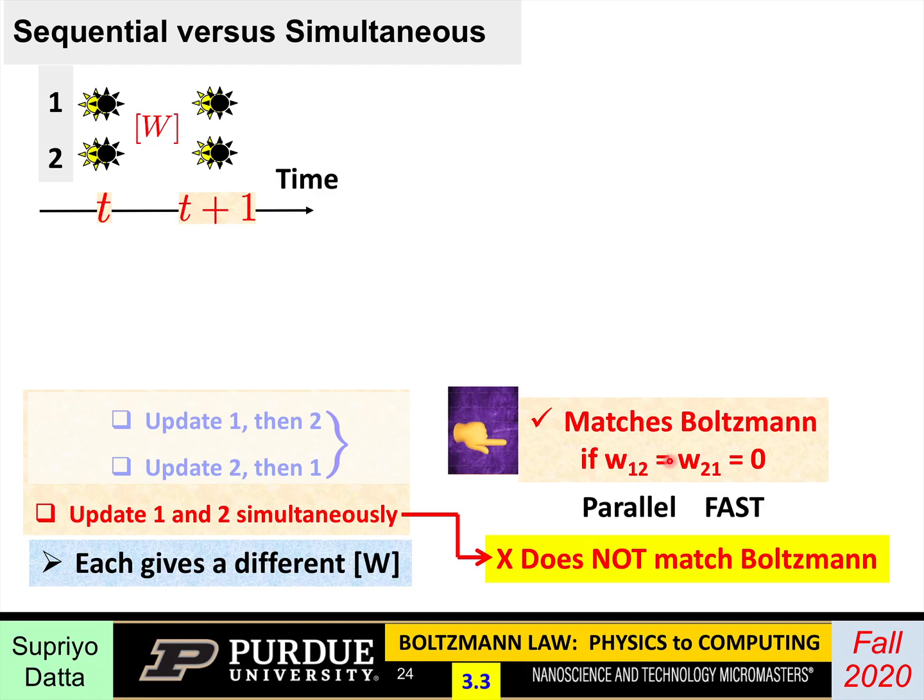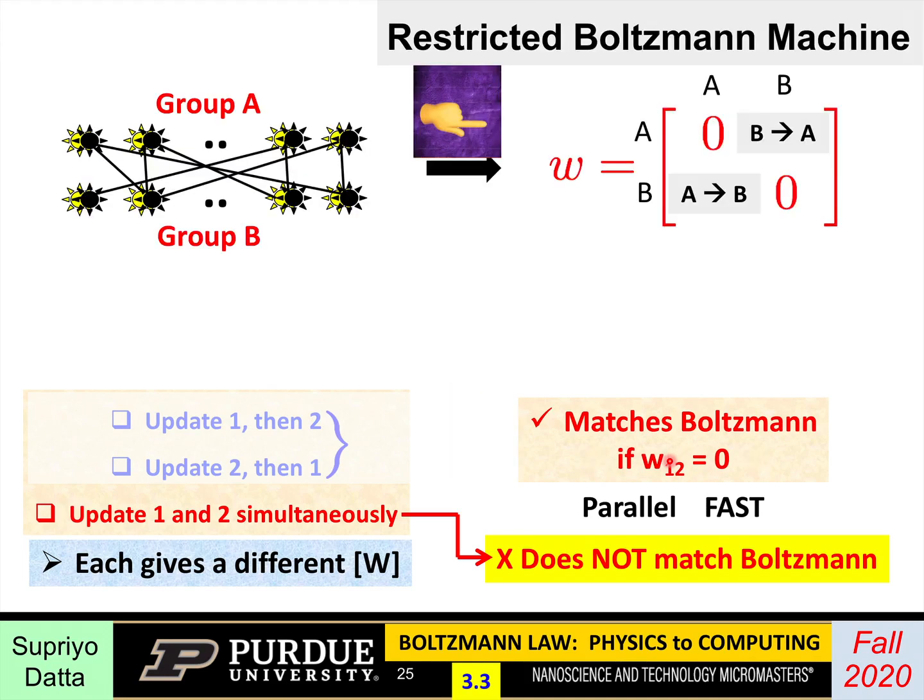Now, one can make use of this actually in the world of Boltzmann networks by defining something called a restricted Boltzmann machine. What they do there is all the neurons are put in 2 groups. So here, by the way, previously when I drew pictures like this, the horizontal axis was time. Here it's not time. Here is just a whole bunch of neurons. That's all. And they are divided into 2 groups, the A group and the B group.